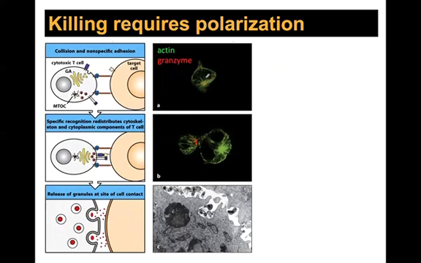So here's our cell. It's going to recognize the infected cell, and the red here are the cytotoxic granules. One of the components is a protein called granzyme B. And it's going to redistribute those to just that point of contact between the target cell and the CD8 T cell.